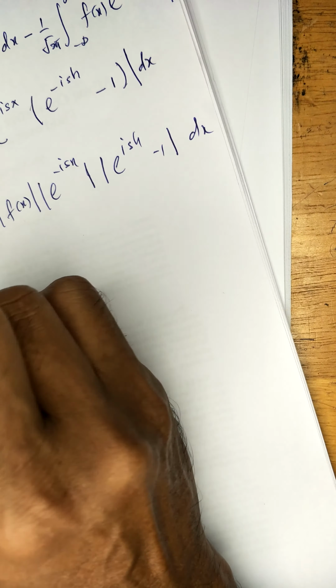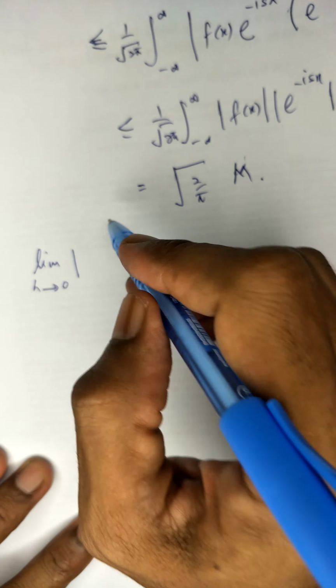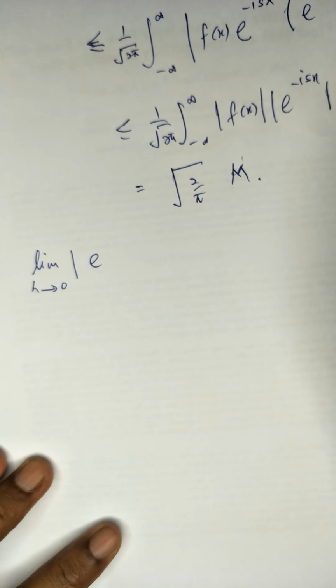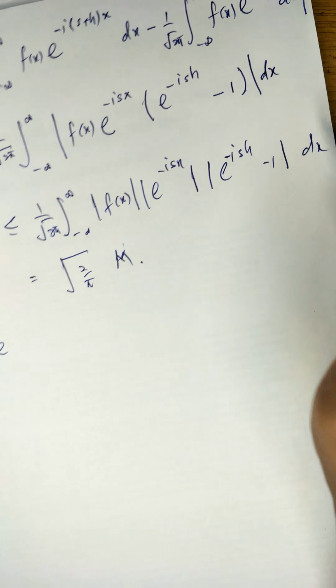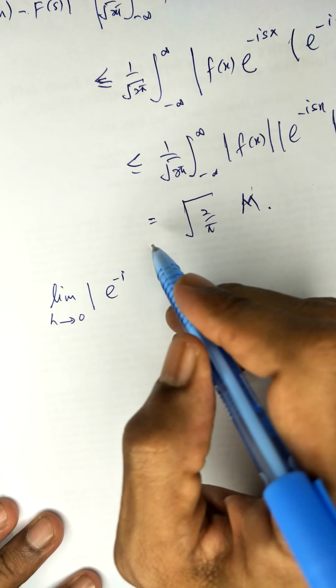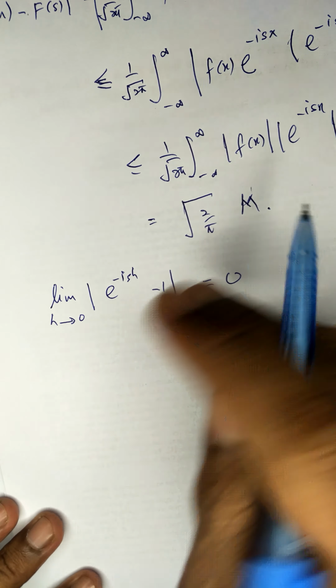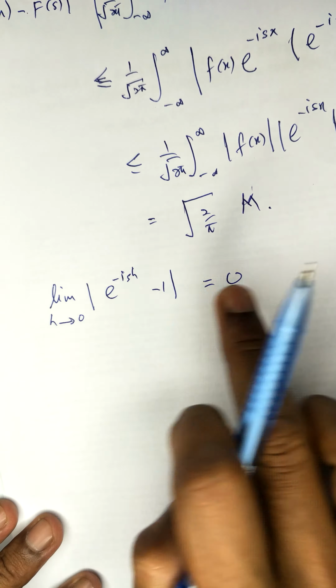If you take the limit as h goes to 0, e to the minus i s h minus 1 gives you 0, because h goes to 0 gives you 1, and 1 minus 1 is 0, for all x in R.